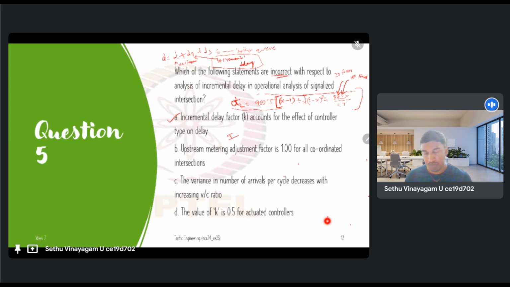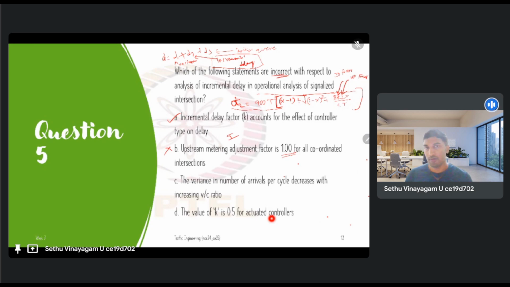So this will take that into account. And if the signal that we are analyzing is an isolated signal, right? So without an influence of any upstream signals, in that case, this I will just be 1, right? But in the coordinated intersections, this will be different. Okay, so B is incorrect, right? Because it says the value is 1 for coordinated intersections, but if it is 1, it means there is no change.